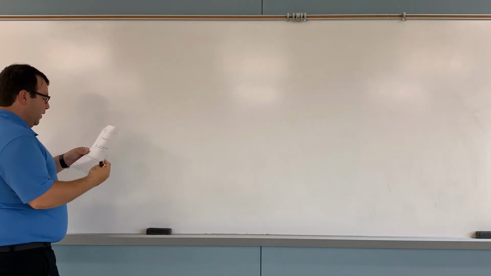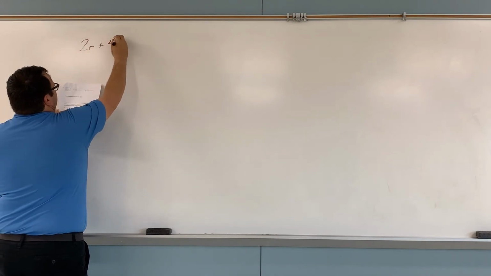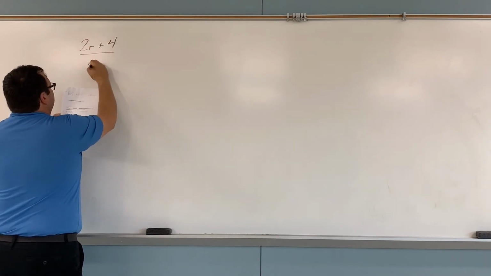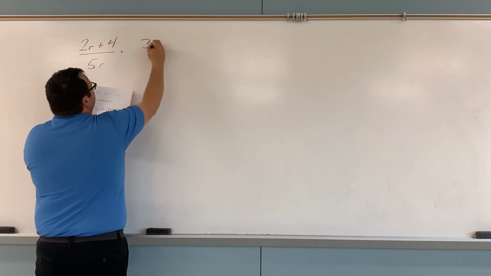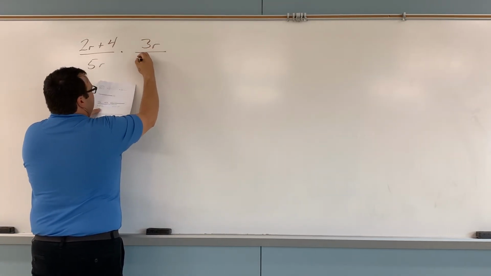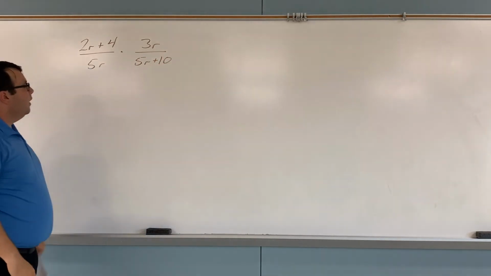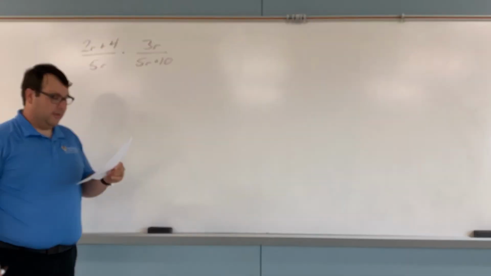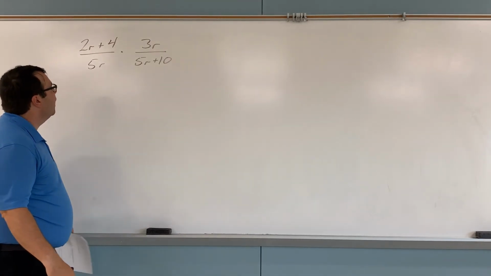All right, let's say I have 2r plus 4 divided by 5r times 3r over 5r plus 10. And I get a simple instruction, something like factor, multiply, and simplify. Sure.